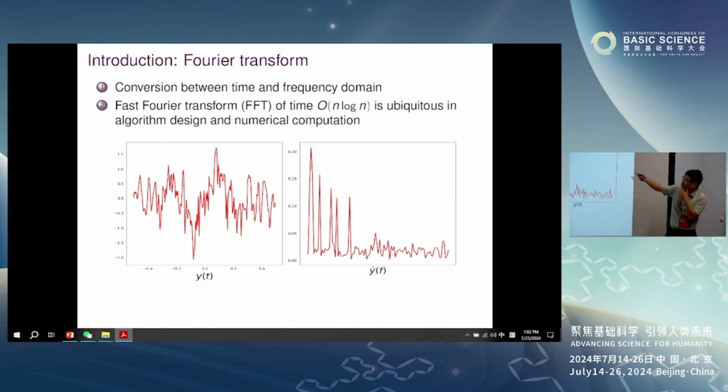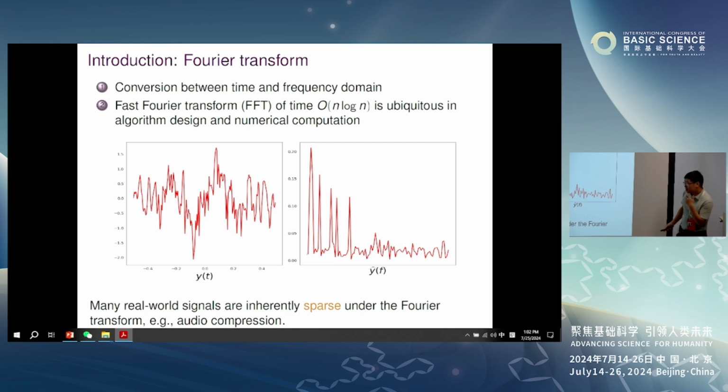In this talk, sometimes I will just call this FFT. It's one of the most important algorithms in computer science. Given data points of size n, it computes the n Fourier coefficients in time just n log n.